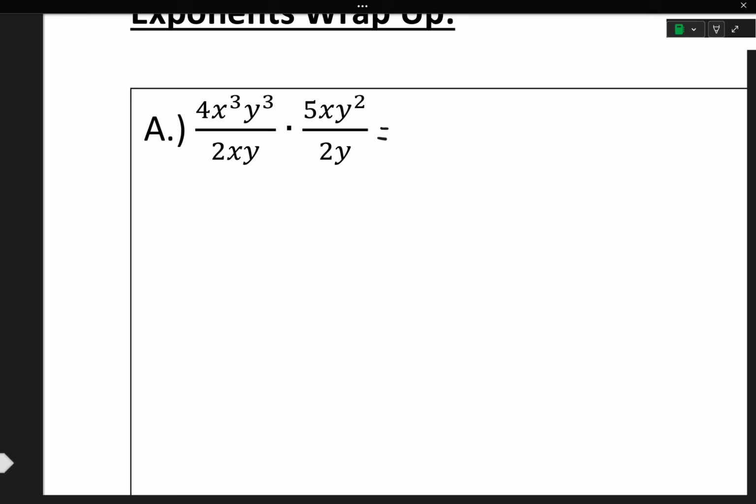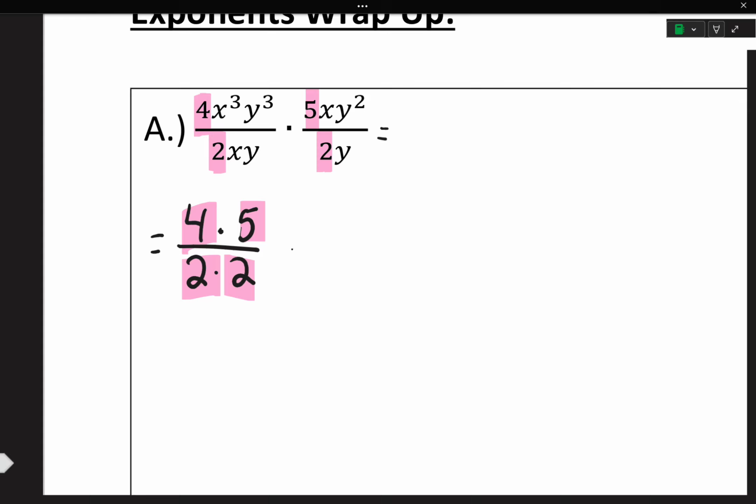So, first let's look at the constants. Constants are numbers without variables, they're just our regular big numbers. So we've got a 4, a 2, a 5, and a 2. I'm going to create just a single fraction that has 4 times 5 on top and 2 times 2 on the bottom.